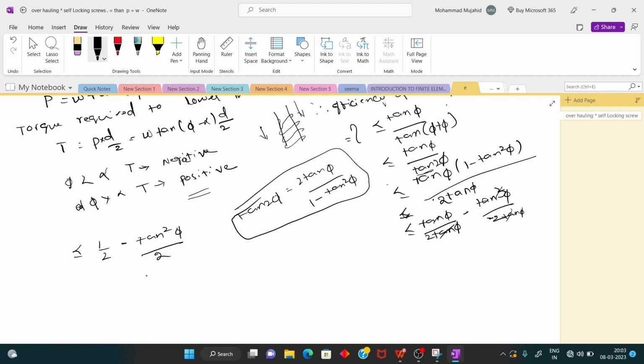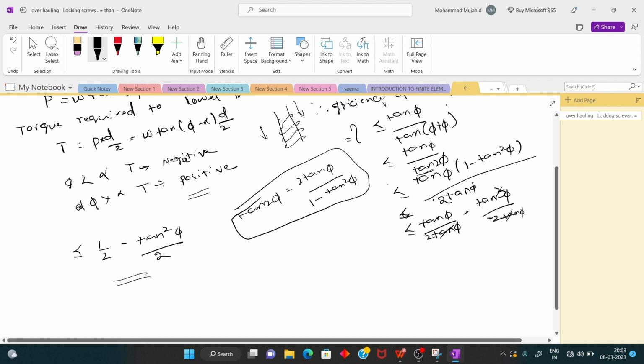So from this expression, we see that the efficiency of self-locking screws will be less than half, that is 50%.